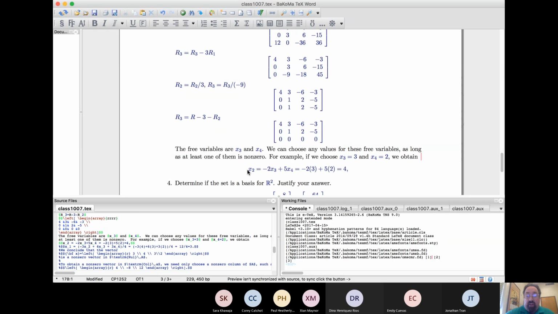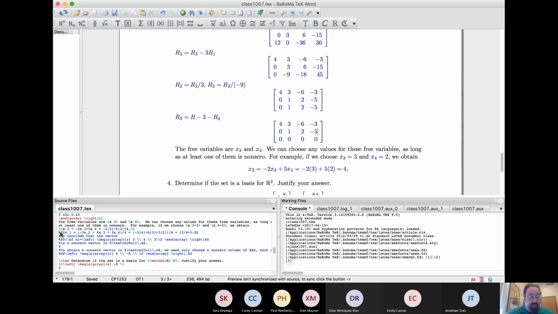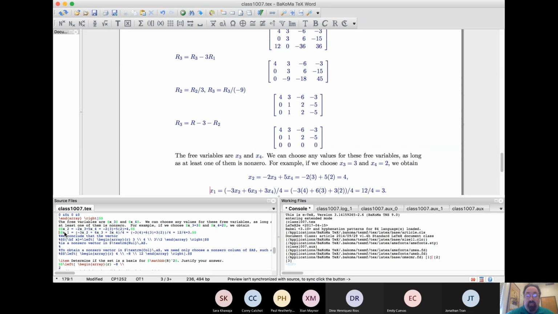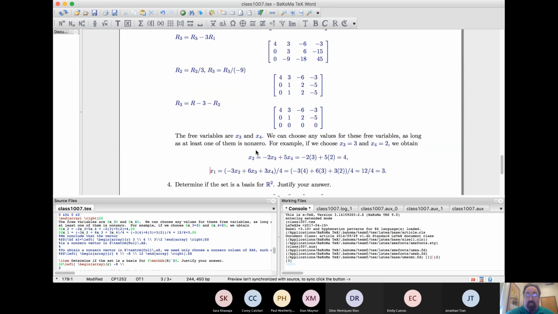First for x2, I'm working with this equation. So I have minus 2x3 and then plus 5x4. Then I just fill in the values that I have, and I get 4. And then finally, for x1, same idea. I have all these 3 terms, 3 minus 6 minus 3, all moved to the other side. Note the sign changes.